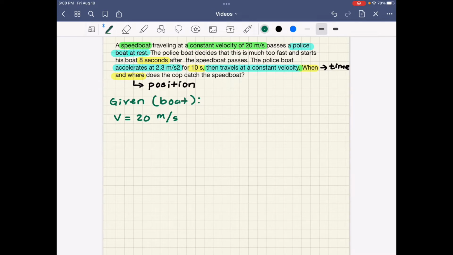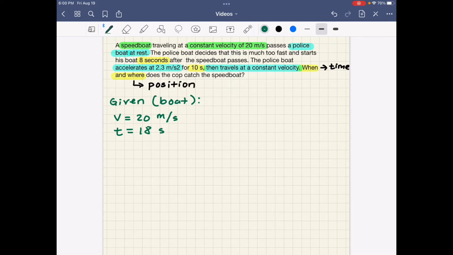Well, for the first 8 seconds, he just went at constant velocity, but the police did nothing. Now, 10 seconds after, right, so a total of 18, that's when the police had accelerated and then started going at constant velocity. So we want to see what is the total distance he traveled, right, the change in position for those 18 seconds. So for the time, I'll pick 18 seconds.